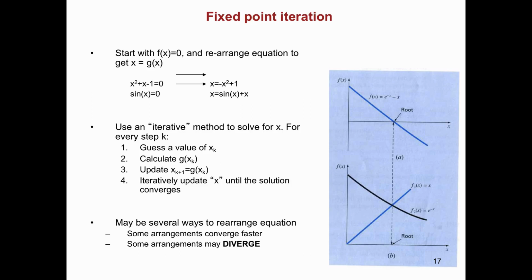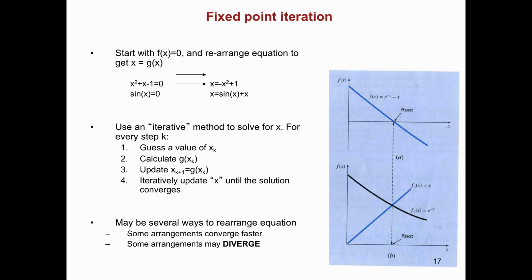If I have that, then I just start from a guess, some sort of x0, and then I find my next guess, x1, as g of x0. And then on next iteration, x2 is g of x1. And then x3 is g of x2, and so forth.